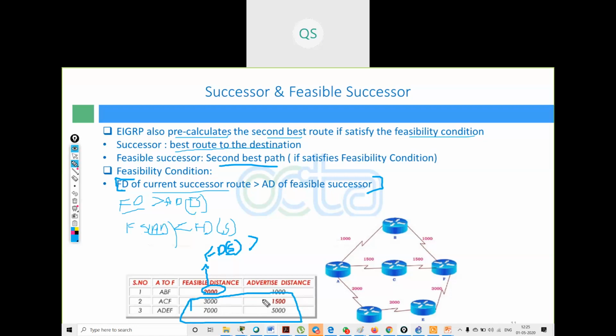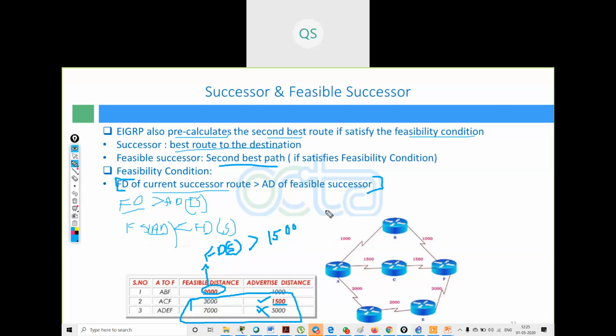If I go over here, 5000 is greater than 2000, which means this feasibility condition is not true. If I go on this ACF route, the advertised distance is 1500, which is less than 2000.